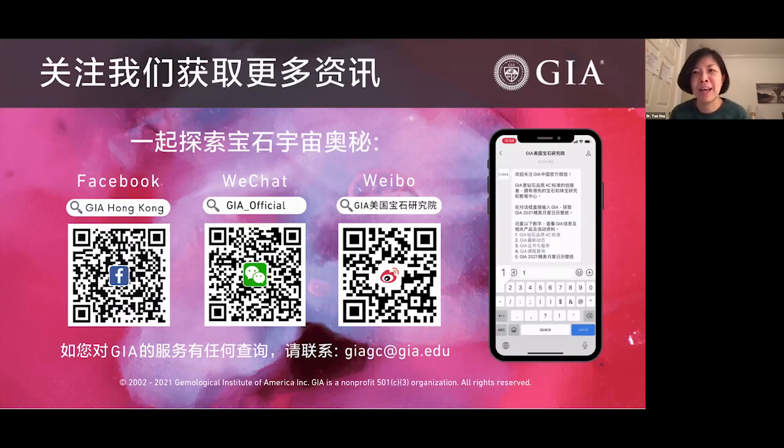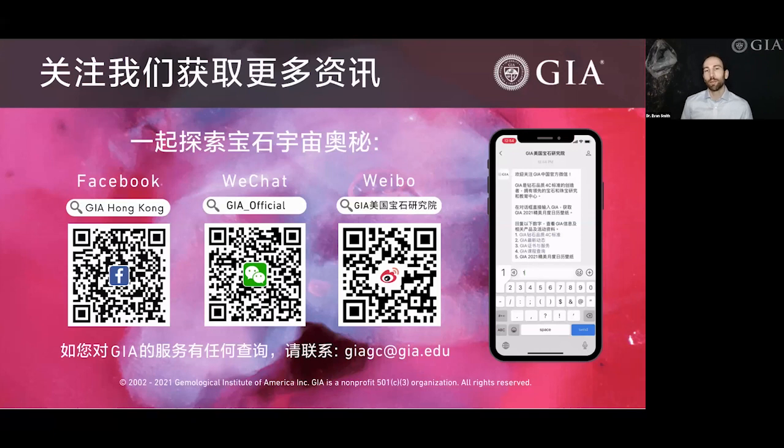Oh, this is a good one for Evan. Can you explain the plastic deformation that happened under 900 degrees Celsius? Like, can you explain a little bit about the process? Yeah, so this is something that happens to a lot of diamonds while they're still in the Earth's mantle.